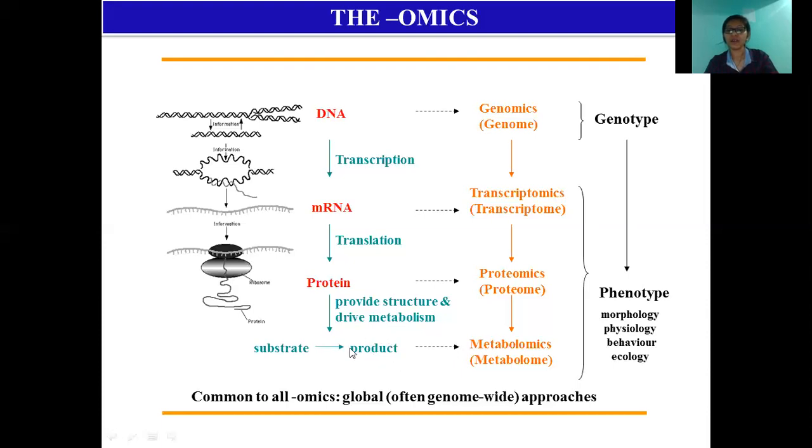So the study of this product is called the study of the metabolite profile of an individual. It is also necessary to identify the physiological state of an individual plant or a particular cell. That's why it is as important to study the metabolome of an individual, and this study is called metabolomics. So this is general information about what is meant by genomics, transcriptomics, proteomics and metabolomics.